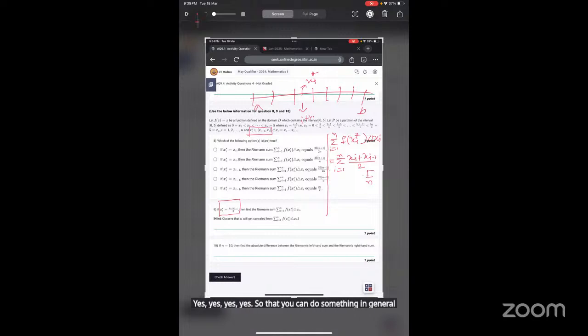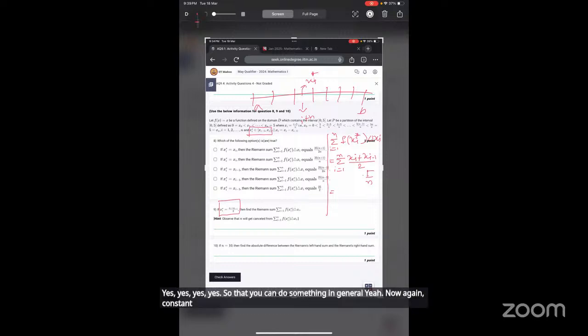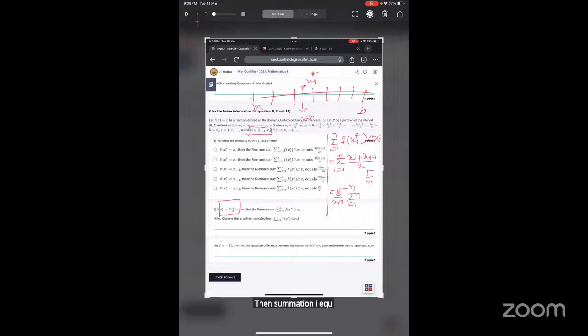Now again, the constant term we can take outside. So we will get 5 by 2n, then the summation from i equals 1 to n of xi plus xi minus 1. We will work with this.